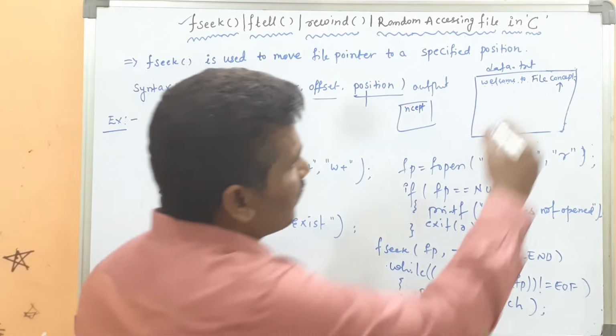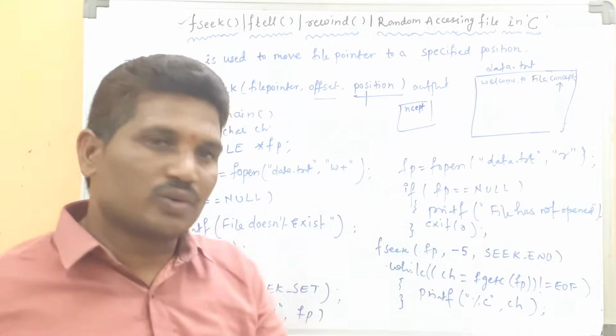What is the output we got? From that position only it will move in the forward direction, displaying all the characters.